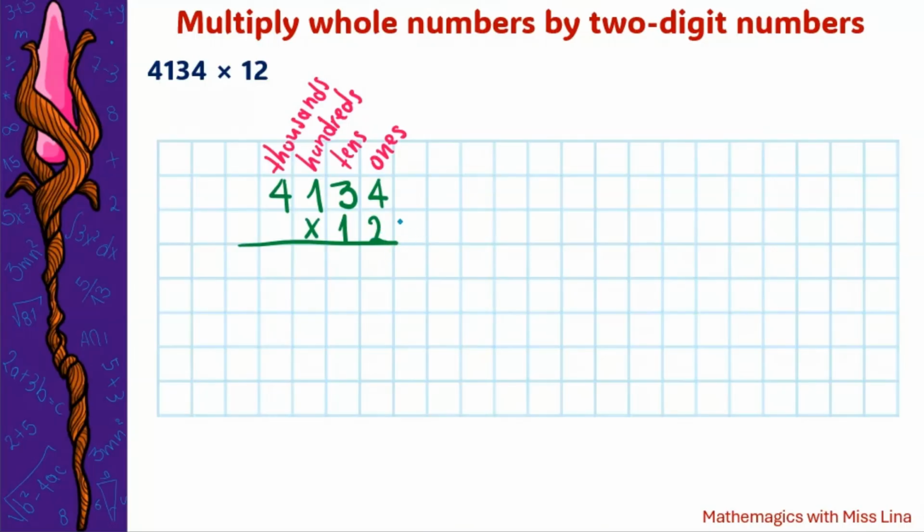And then we are going to start with the smallest, ones by ones, and then we go to the left. So, first the 2 by all the terms. It's going to be similar to the previous, right? 2 times 4 is 8, 2 times 3 is 6, 2 times 1 is 2, and 2 times 4 is 8. Now is the time for the 1, which is in the position of the tens.